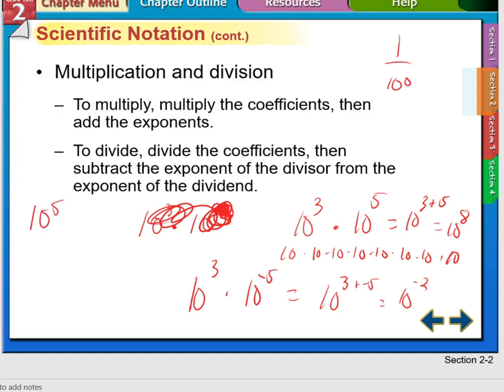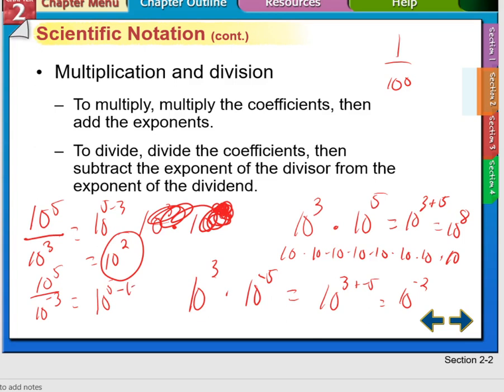So 10 to the 5th divided by 10 to the 3rd is equal to 10 to the 5 minus 3, or 10 to the 2nd, or 100. Okay? So what if we have 10 to the 5th divided by 10 to the negative 3rd? That'd be 10 to the 5th minus a negative 3, which is 10 to the 8th. Okay?